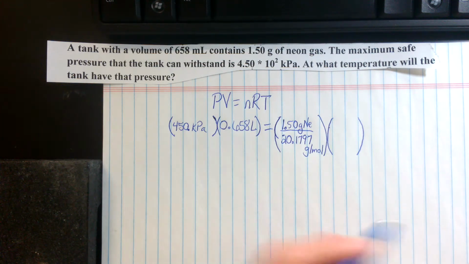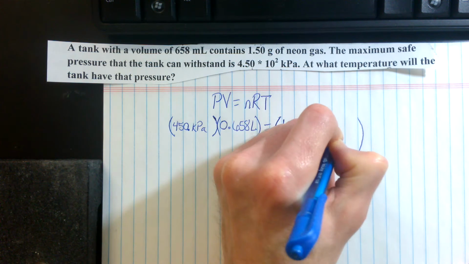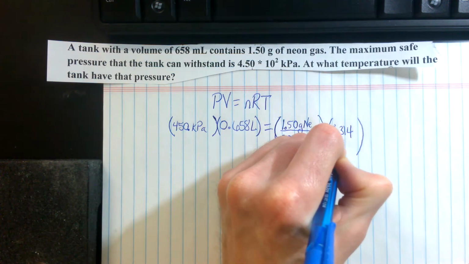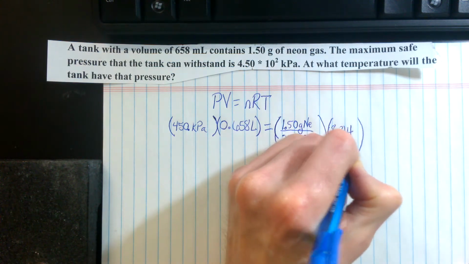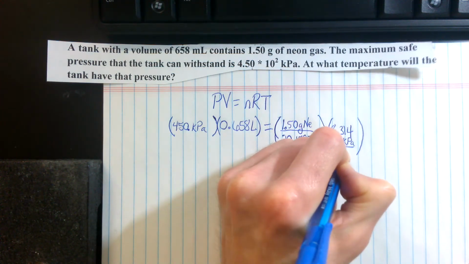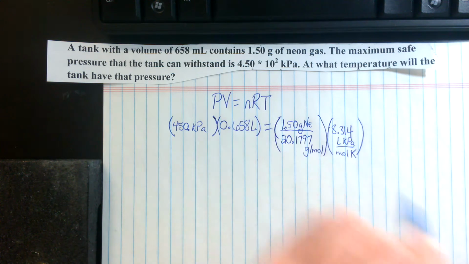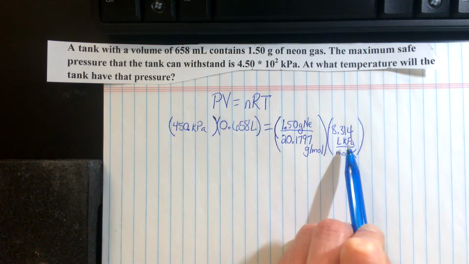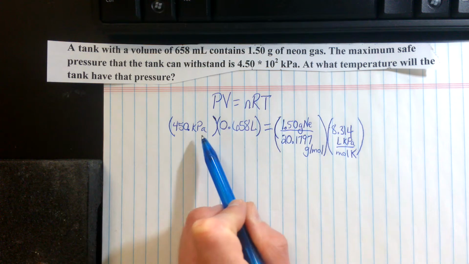They will also give you 8.314 as an R value, and that is when the pressure is measured in kilopascals, because kilopascals is a really common pressure unit of measurement. So you will often see 8.314 as an R, but notice the pressure is measured in kilopascals, so these must match.